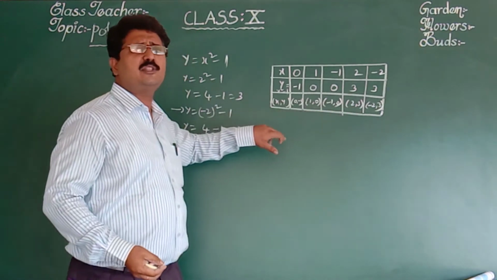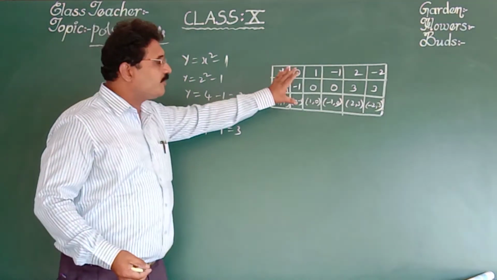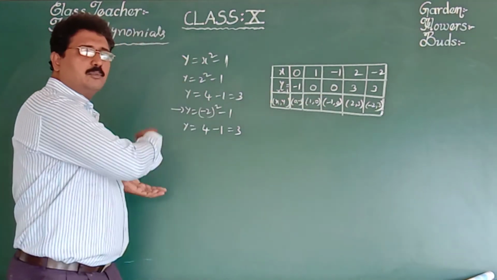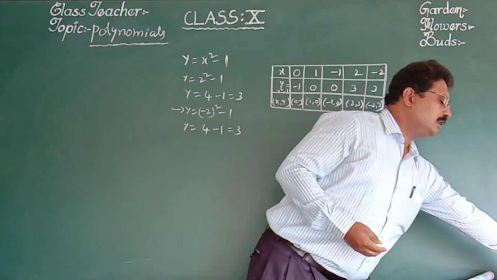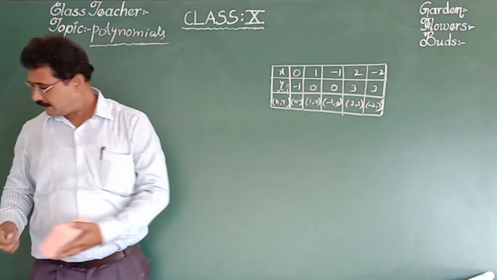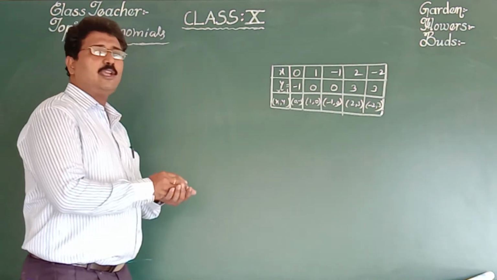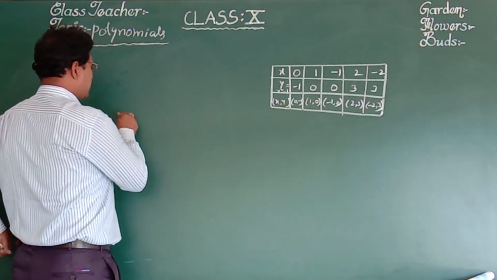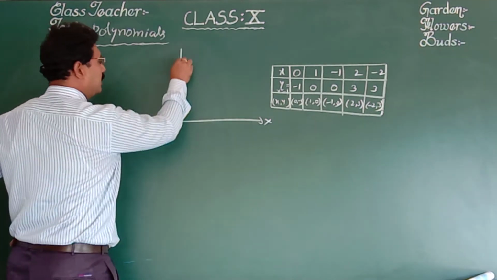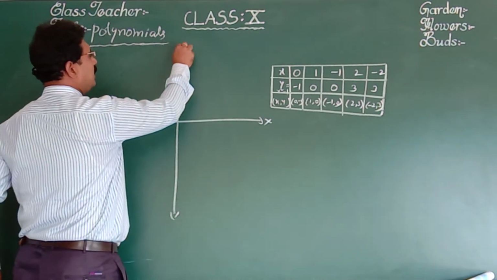Now these are the points. By using these points, draw the graph. So first of all, complete the tabular form, and after completion of the tabular form, come to the graph. Now see how to draw the graph once again. First you draw the axes: every horizontal line is known as the x-axis, and every vertical line, that means the middle line, is the y-axis.